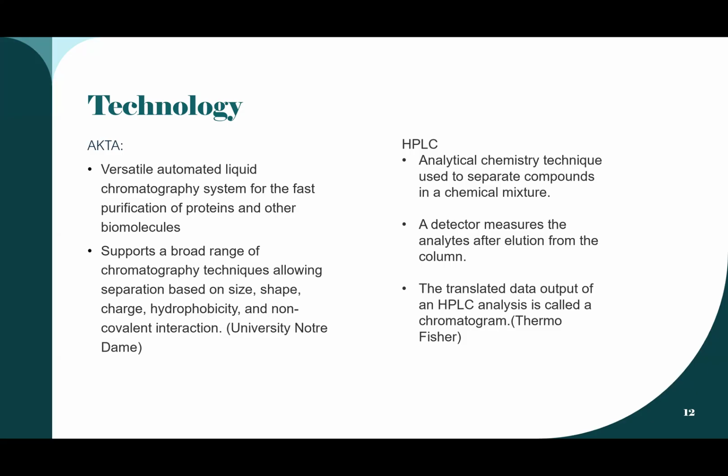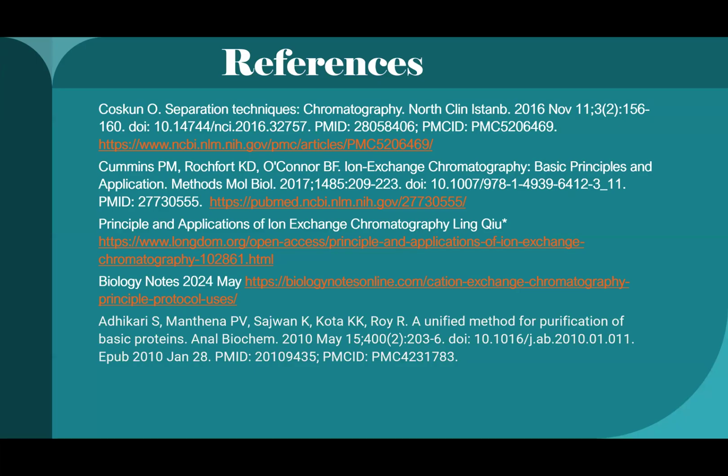Essentially, if you open that HPLC system up, it'll have a detector that measures the analytes after elution from the column, and then it'll translate that data and give you a diagram called a chromatogram. So both of these pieces of equipment give us a decent amount of information needed to make analysis on our techniques and protein of interest.